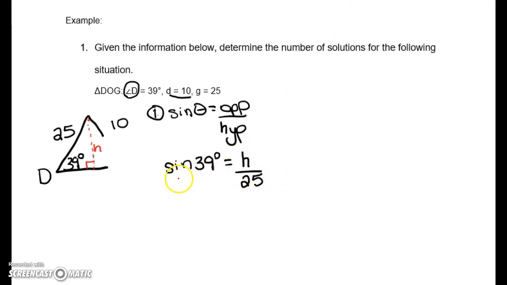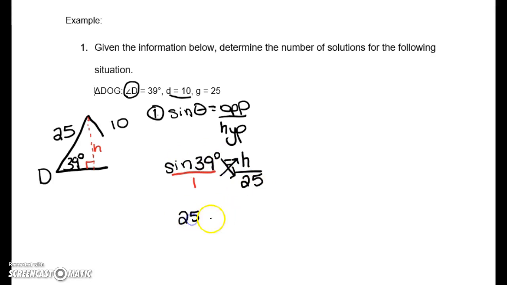Then your next step here is you can turn your sine of 39 degrees into a fraction, and then all you have to do is cross multiply because now we have a proportion. So draw your arrows to indicate cross multiplication, and each of those arrows indicates multiplying. So you're going to start with sine of 39 degrees times 25.